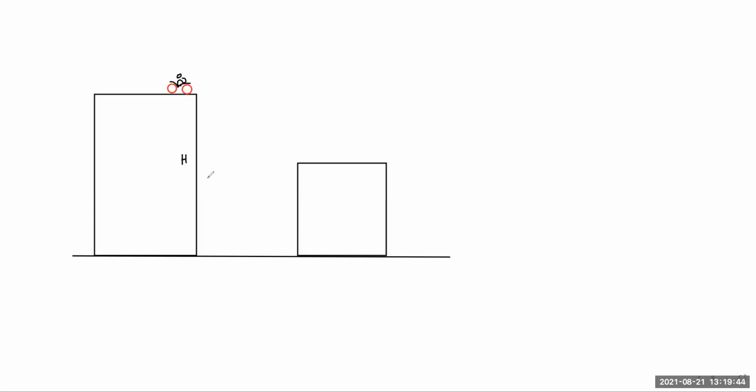This height is H, this height is small h, and the gap is d. Ignore the size of the biker and the bike wheels. Find the minimum velocity v naught, of course the horizontal velocity, so that he lands safely on the other building. Fast and Furious, maybe. You can jump from the first building and land on the second building safely. So what is the minimum velocity v naught you need to achieve this?